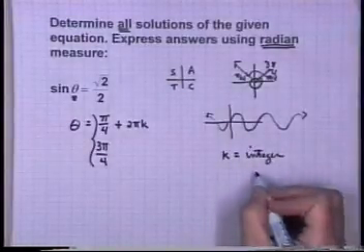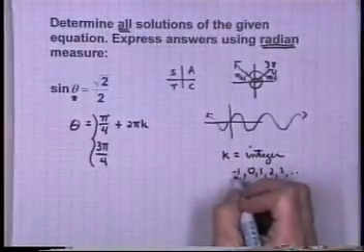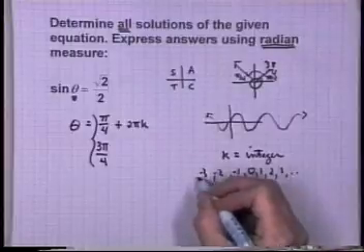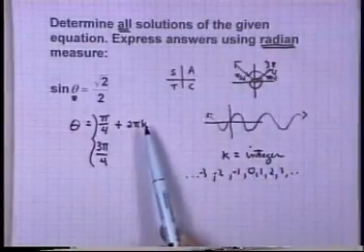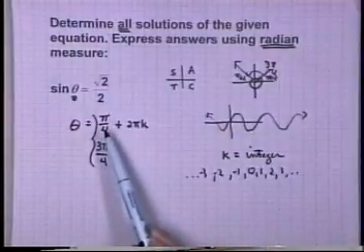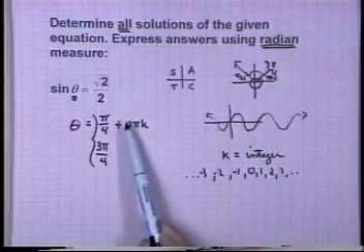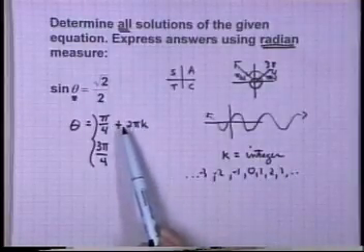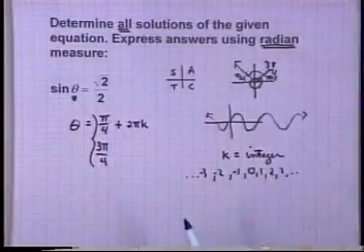Integers are the numbers 0, 1, 2, 3, etc., or -1, -2, -3, etc. Those are integers. So notice if k is the integer 0, then we're getting the answer pi over 4. If k is the integer 1, then we're adding 1 revolution, or 1 period, to our pi over 4, and so again we would end up with this first quadrant solution.